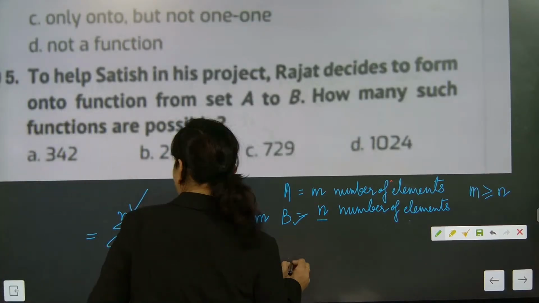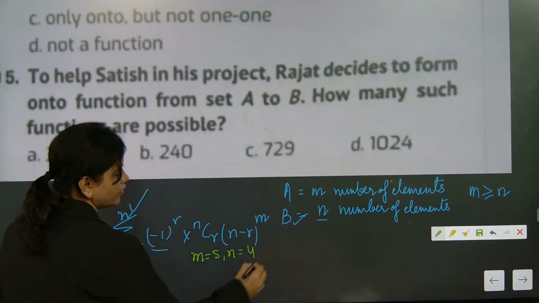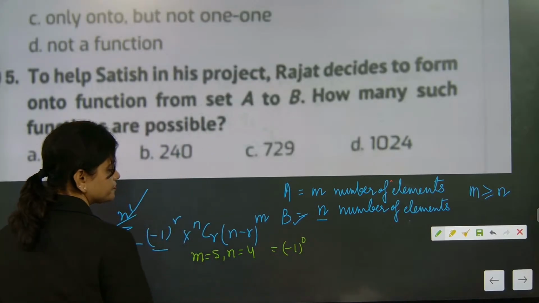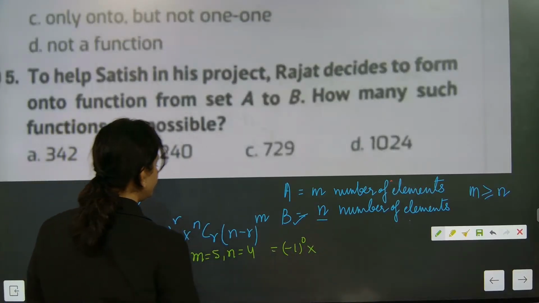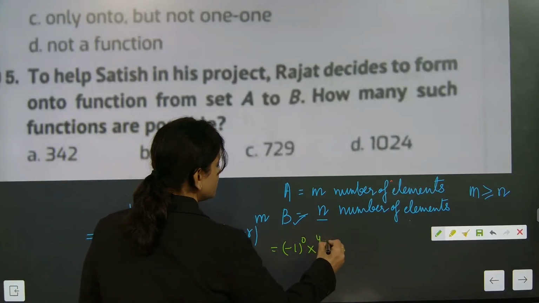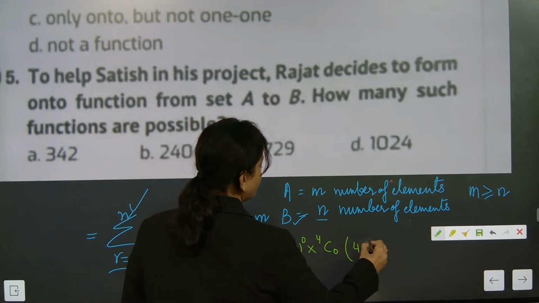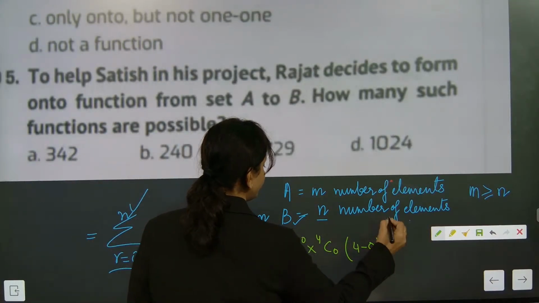So here one time r is equal to 0 we are going to put. So minus 1 to the power 0 into n is 4, 4C0, 4 minus 0 to the power 5.